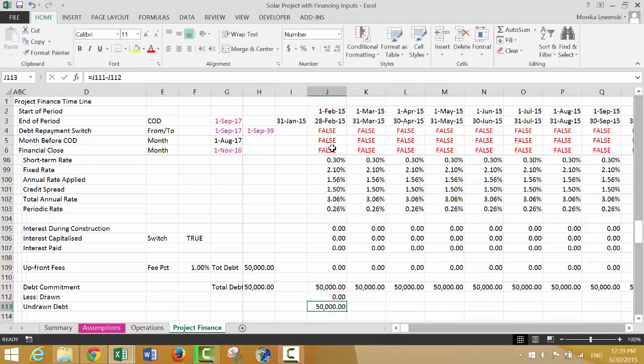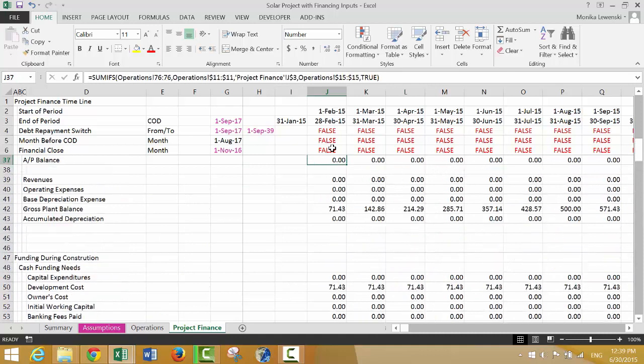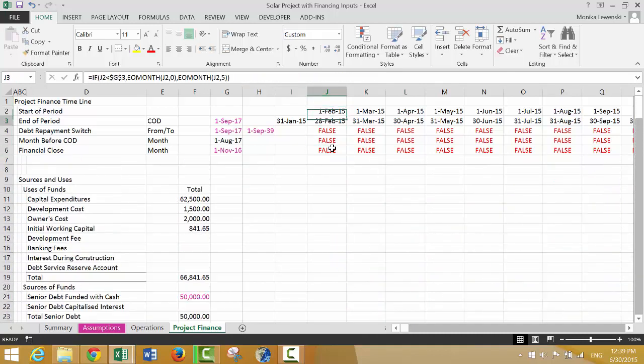But here's a problem. I suppose we don't really have any undrawn debt before the construction period, so we really need a construction switch period.